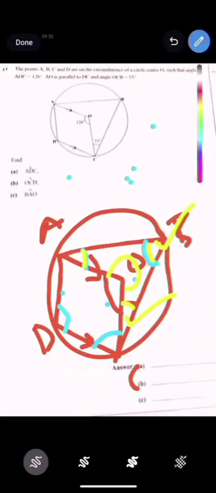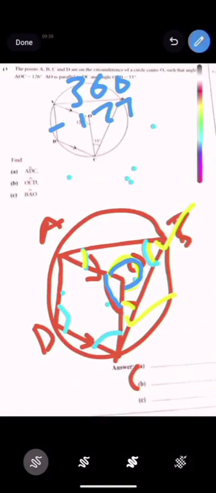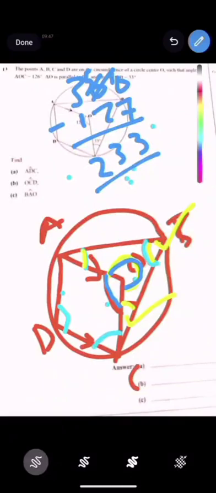So 360 minus this part will remain with this. So 360 minus 127, which is 233. So this 233 and this angle 33 and this angle here, we're going to remove them from 360.